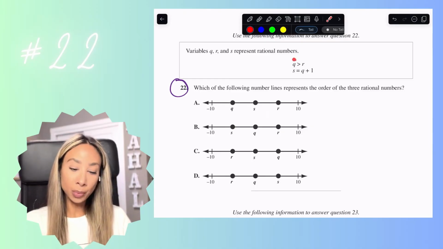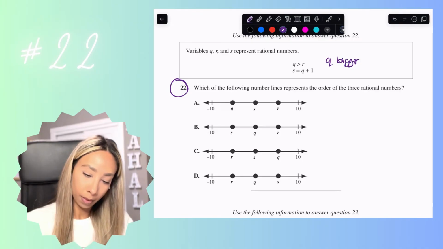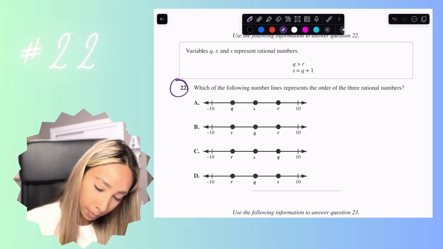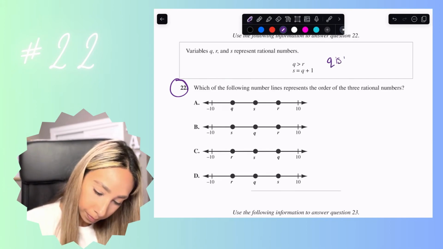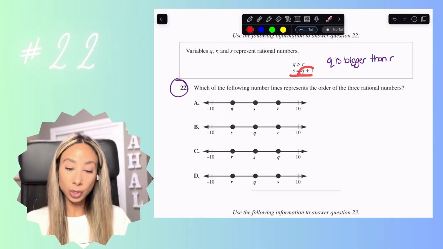So what we do know is Q is bigger than R. And we know S is equal to Q plus 1.